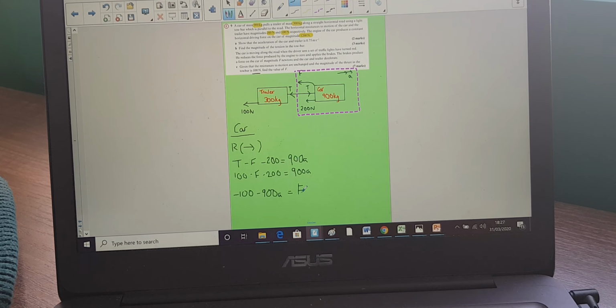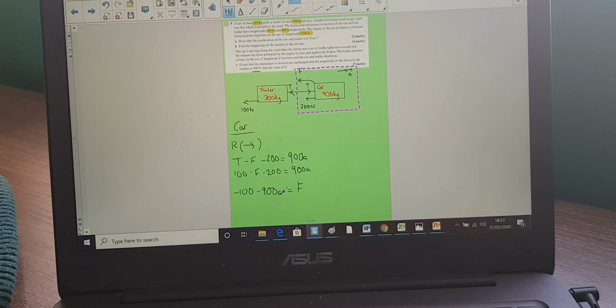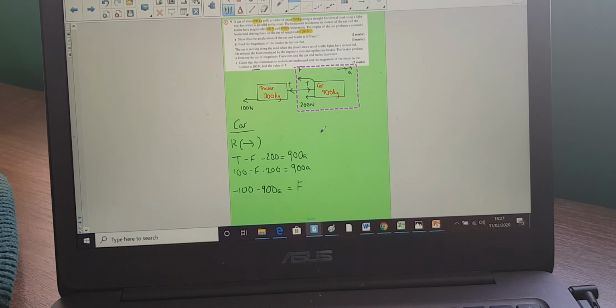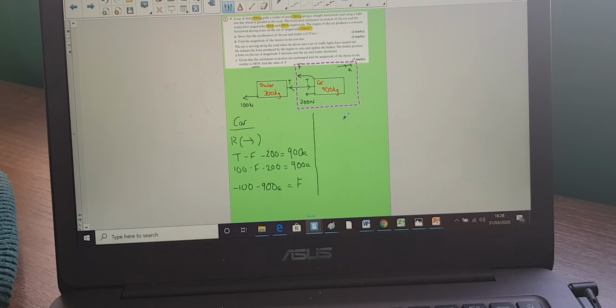Because it's got one unknown, F, and another unknown, A. Right, okay. Well, I'm thinking, and this is why I went into a lot of detail on part A, I know that if I look at these two things, I'll have two unknowns, and then I'll have essentially a simultaneous equation. Sorry, not thrust, I want to call that trailer.